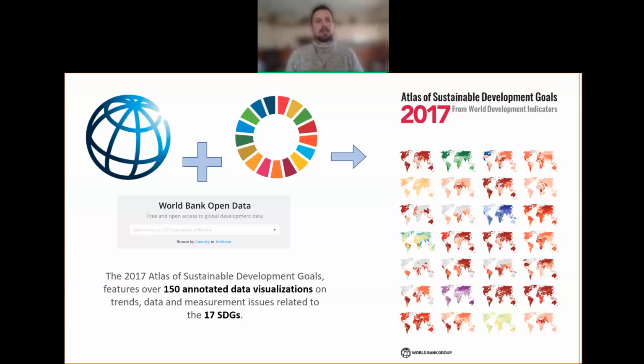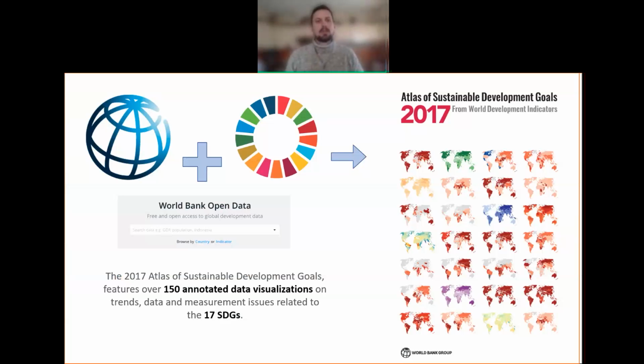within the broader reflection around the Sustainable Development Goals, we realized that given the scope of the World Bank missions, we had basically in-house expertise across pretty much all the dimensions of the Sustainable Development Goals.